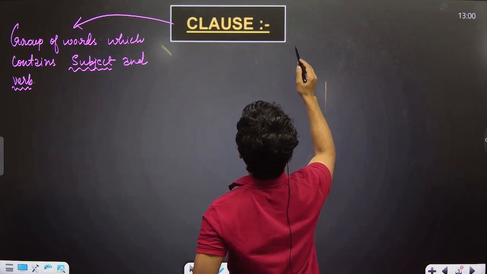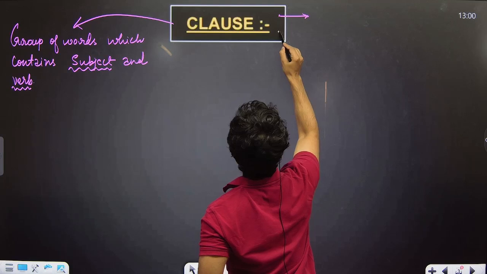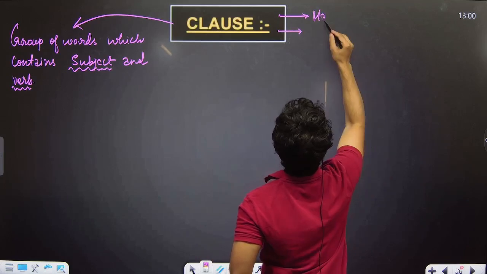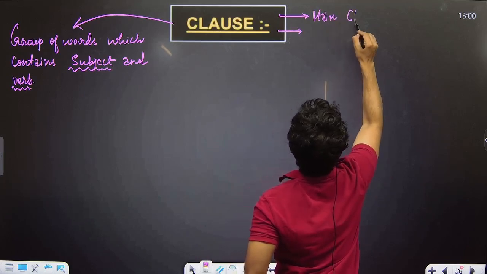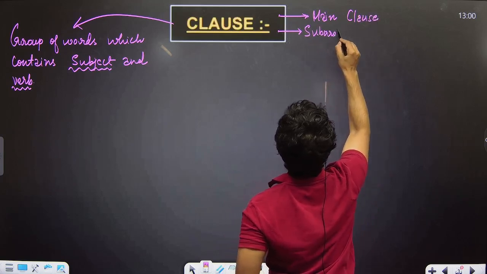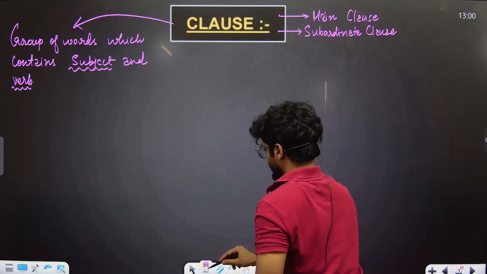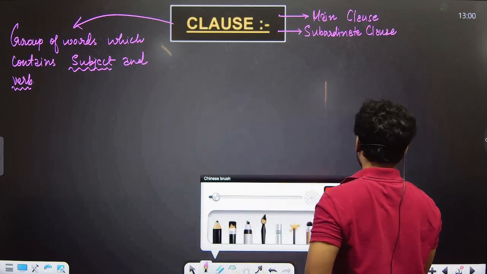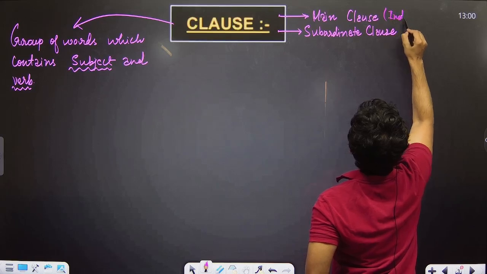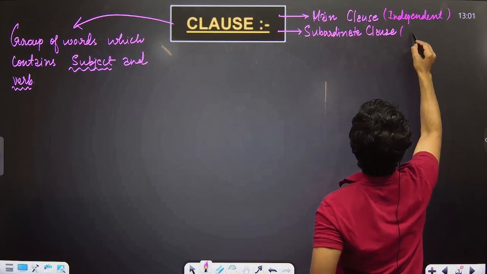We categorize clauses on the basis of dependency, and the first one is your main clause, and the second is the subordinate clause. You should note every important point in your copy. The main clause is also known as the independent clause, and the subordinate clause is known as the dependent clause.